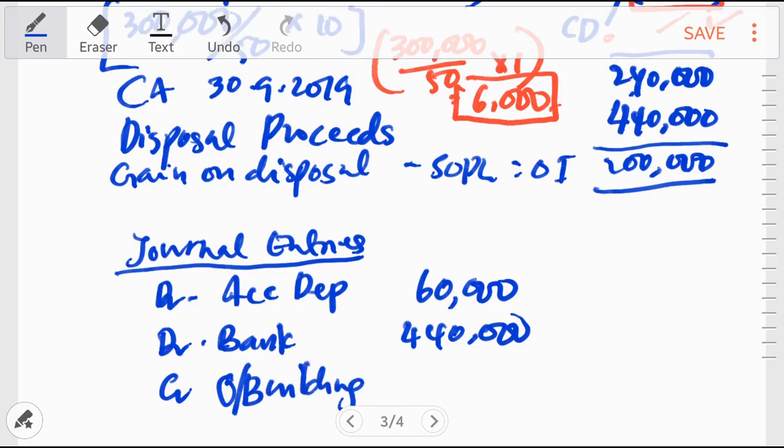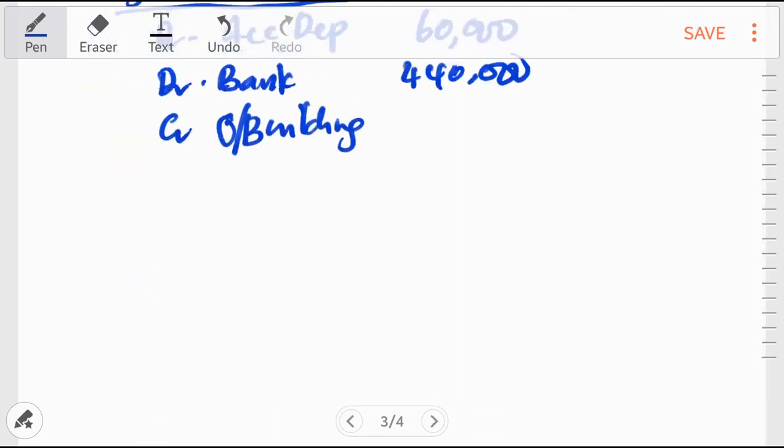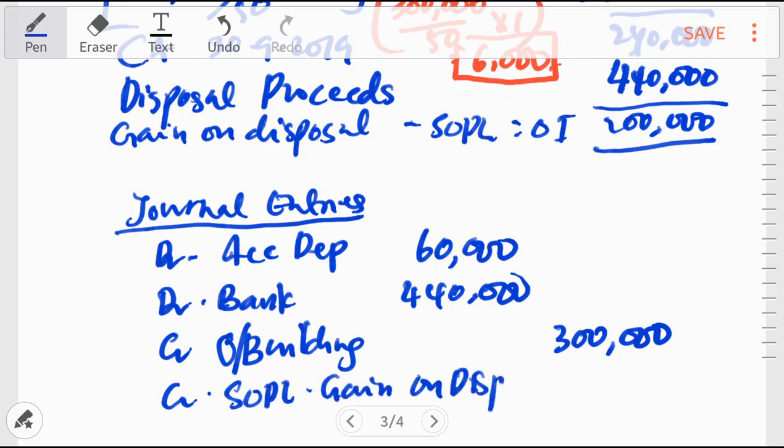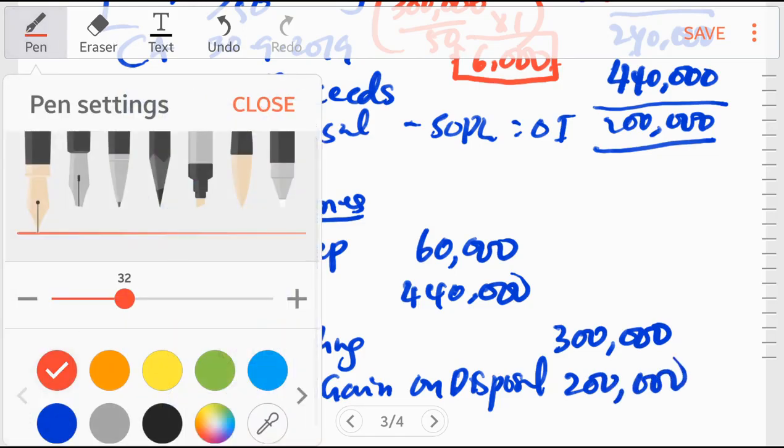The cost of the office building to be disposed was 300,000. And you credit the SOPL, which is your gain on disposal. The gain on disposal was 200,000. So our focus here is to see the effect of this.